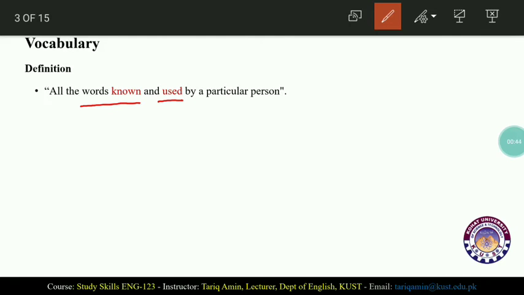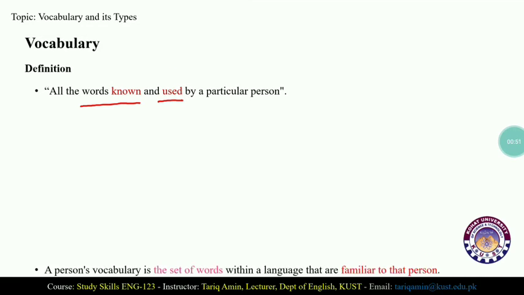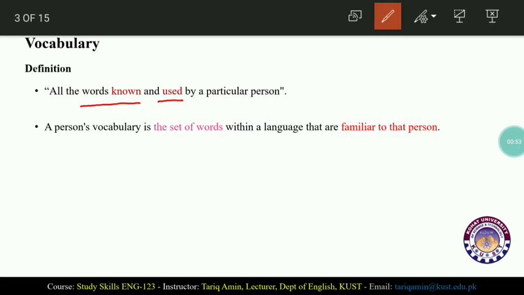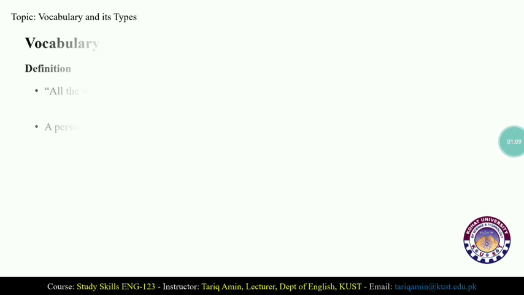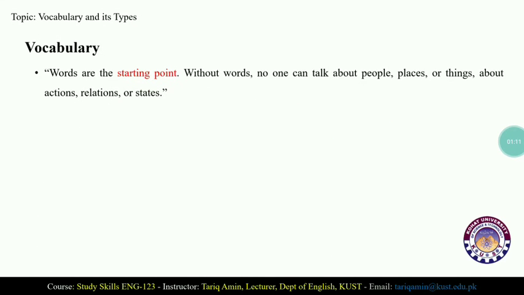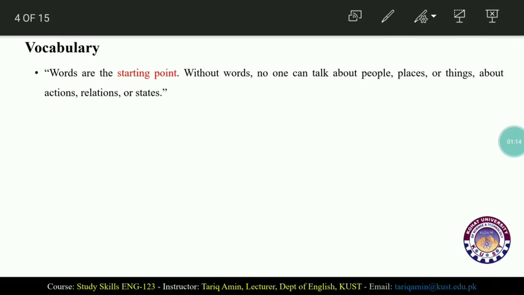A person's vocabulary is the set of words within a particular language that are familiar to that person. In short, we can say that vocabulary refers to all the words that you know and that could be used by you.